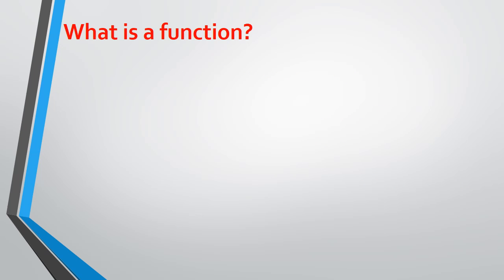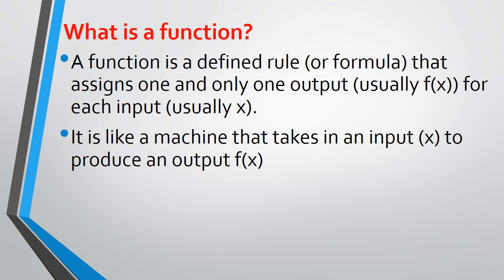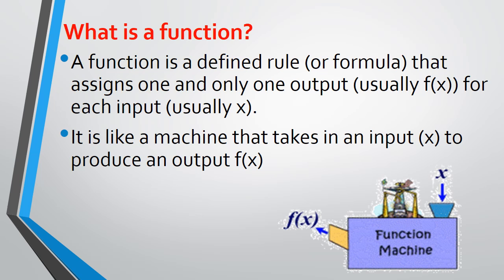So what is a function? A function is a defined rule or formula that assigns one and only one output, usually f of x, for each input, usually x. So it's like a machine that takes in an input, which is x, to produce an output, f of x.